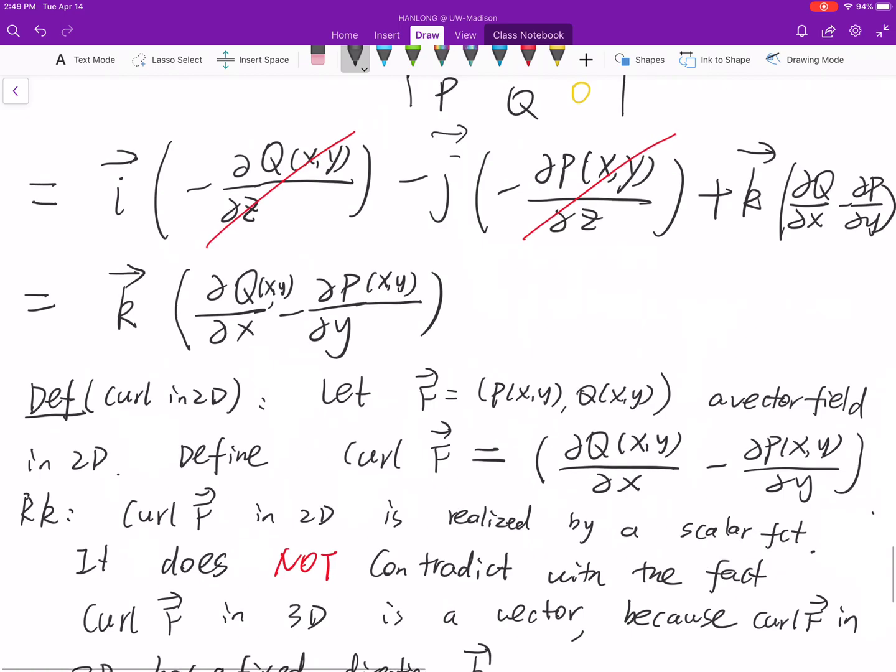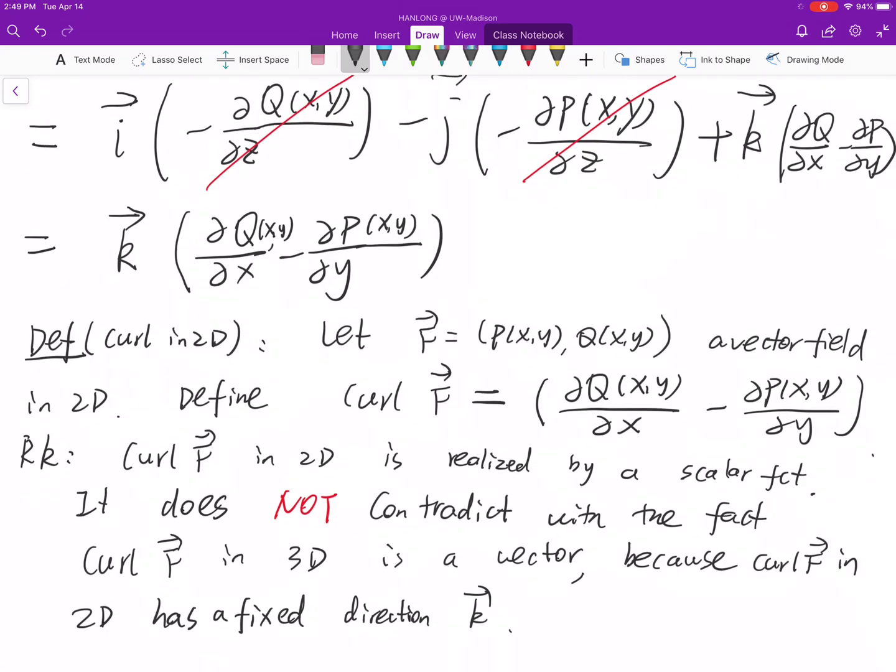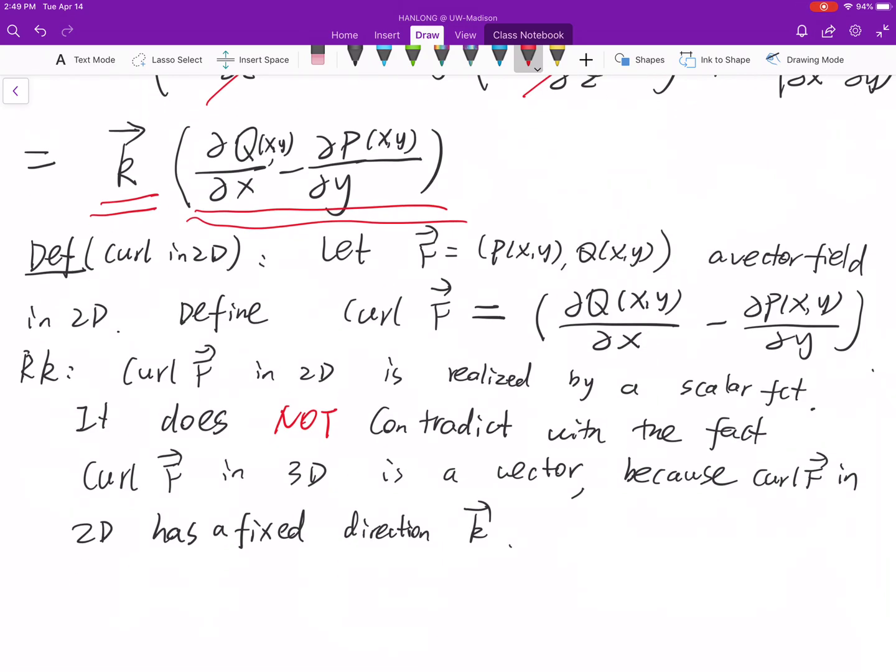If you know the direction, to describe a vector you only need to know its magnitude. Therefore, as a slightly abusive convention, we always view curl F as a function in 2D. I hope you understand this part.